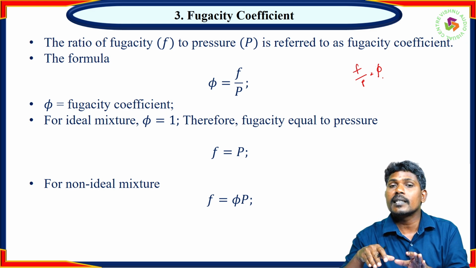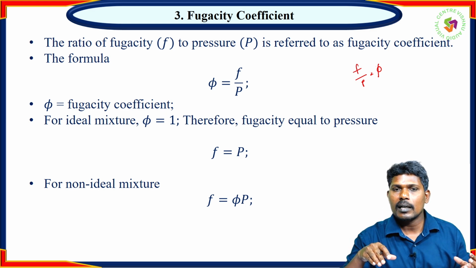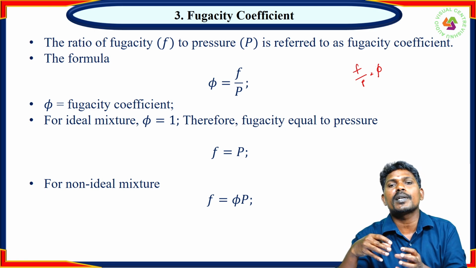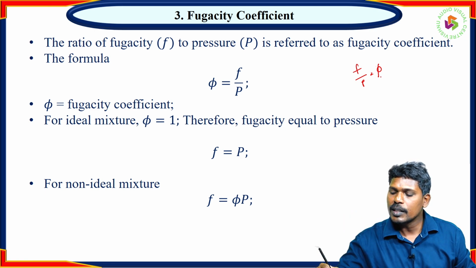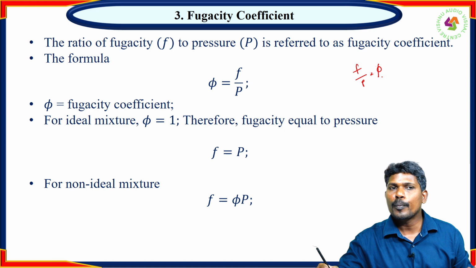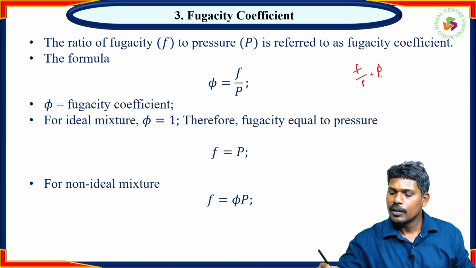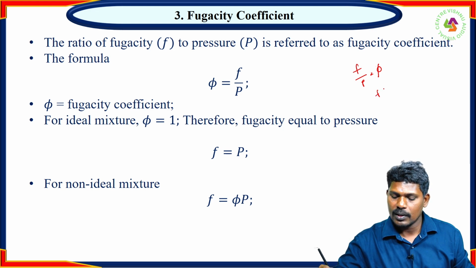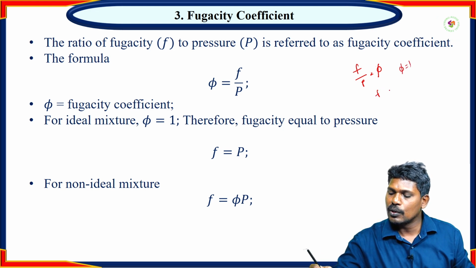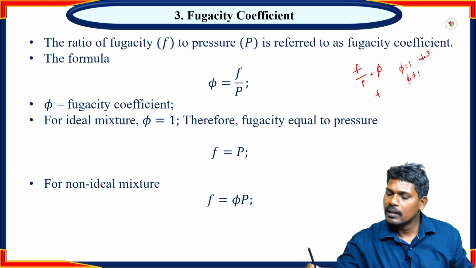But in a real state it is not like that; because of interactions, the properties change. So for ideal cases phi is equal to 1, and for non-ideal cases phi is not equal to 1.